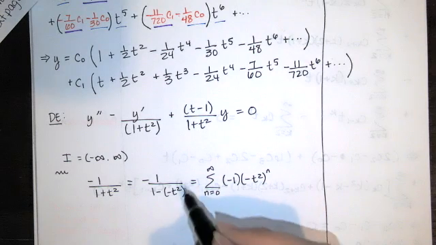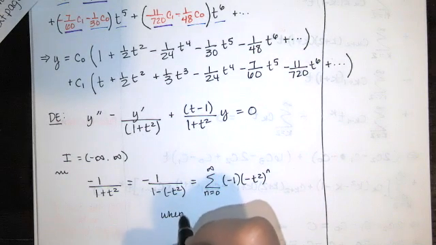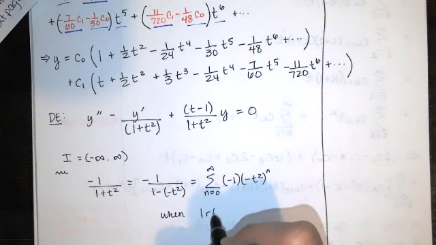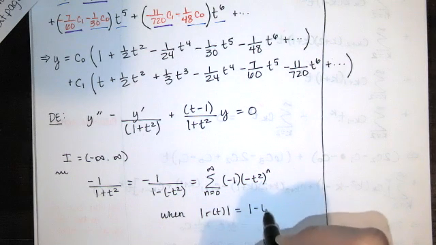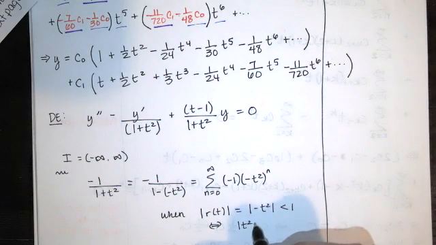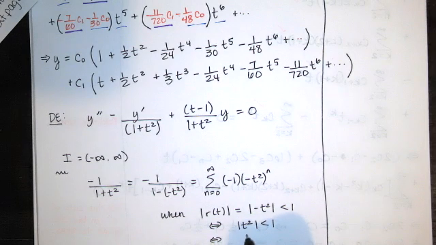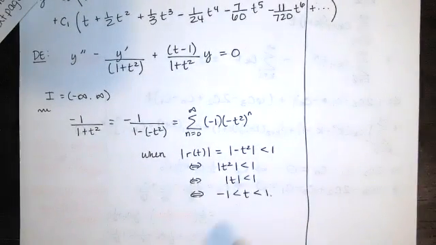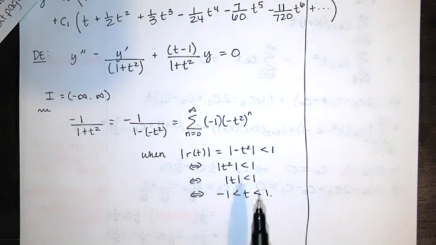This series will converge to this function when the absolute value of r of t, which is the absolute value of negative t squared, is less than 1, which means that the absolute value of t squared is less than 1. And that means that the absolute value of t is less than 1, which means that t is between negative 1 and 1. So my intuition tells me that this would be the interval of existence.